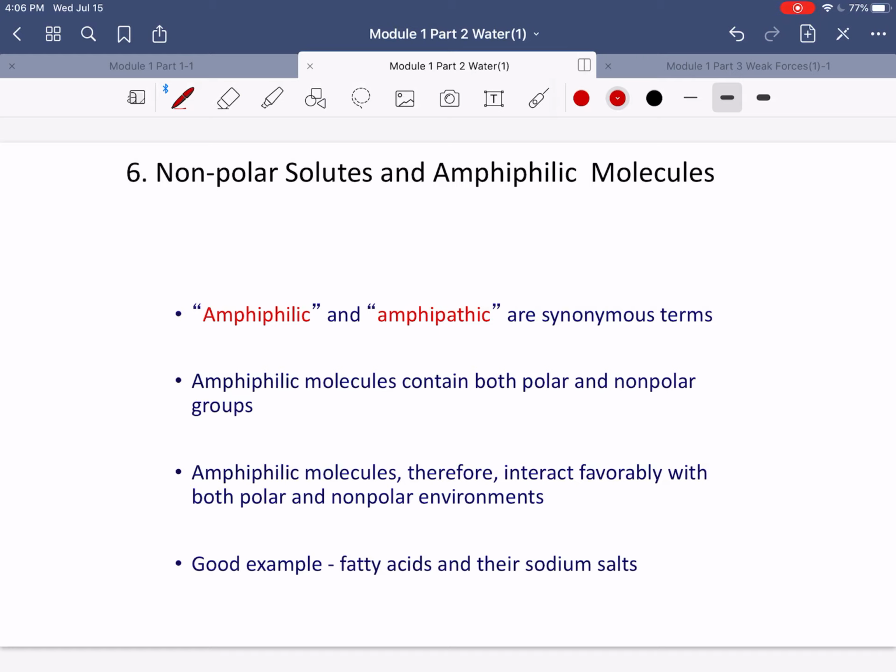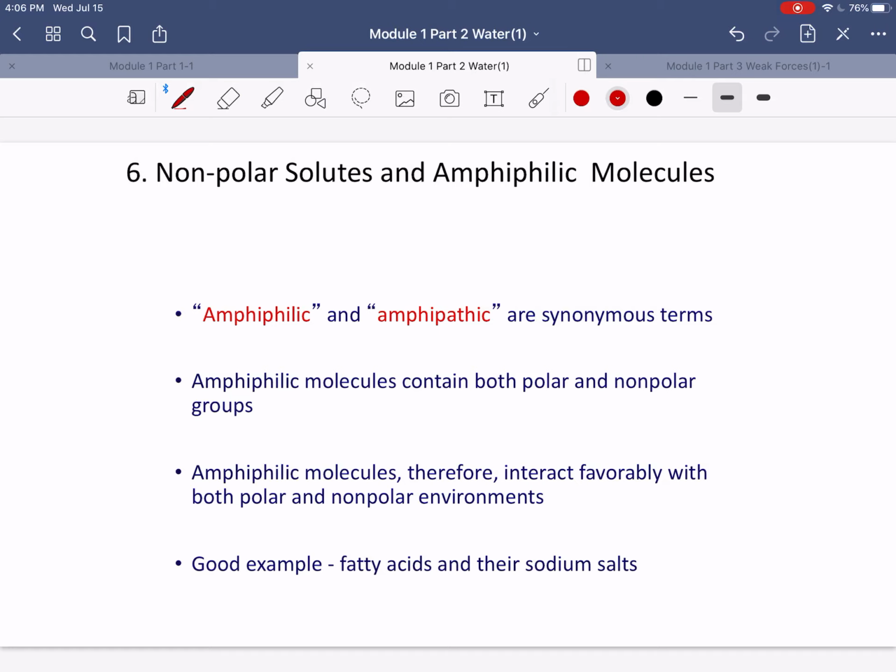Now, there are some solutes, that is, molecules suspended in water, that have both nonpolar parts and polar parts. I mentioned this when we outlined this section of the module at the beginning of the first video. Those are amphiphilic molecules, or amphipathic.